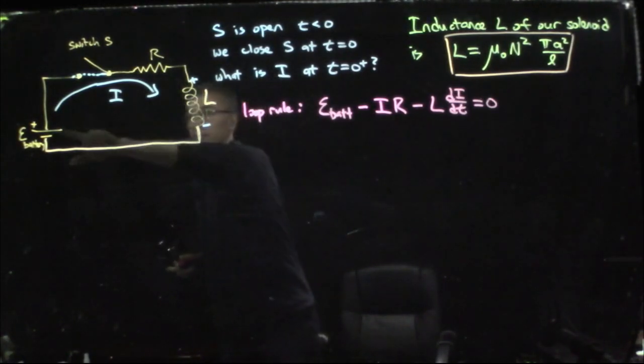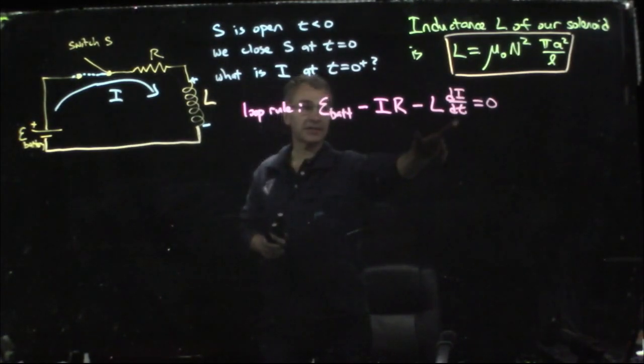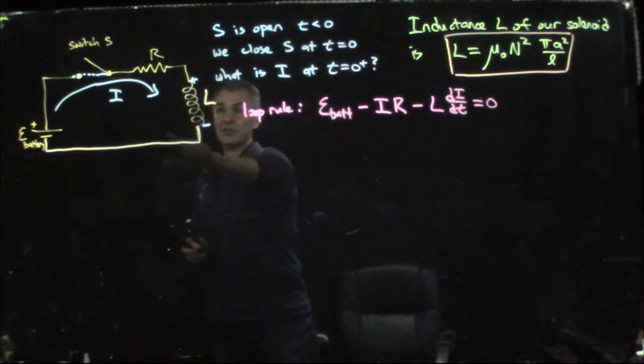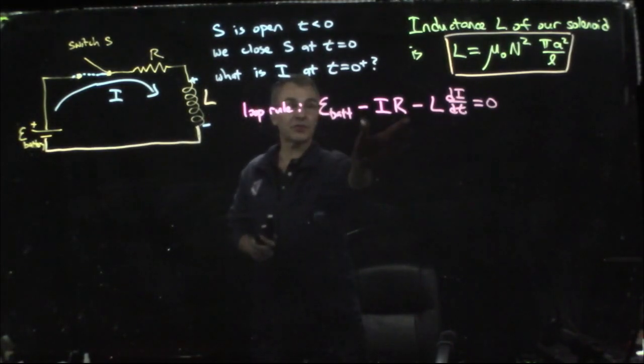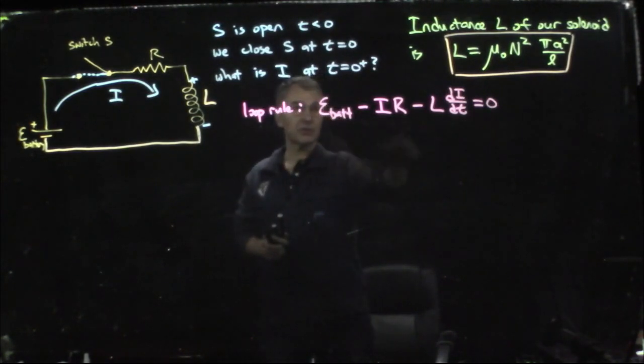You can see that it's opposing what the battery is doing. So this sign convention for L di dt works. So it's minus L di dt if your current direction is the same as your loop direction. So this sign convention for the resistor IR term is the same as the sign convention for the inductor L di by dt term. So this is always true.